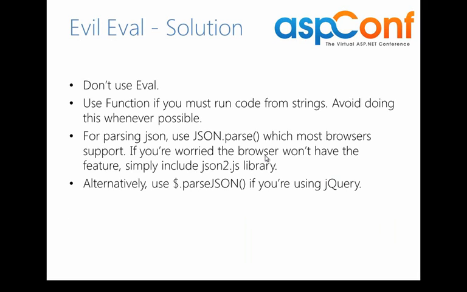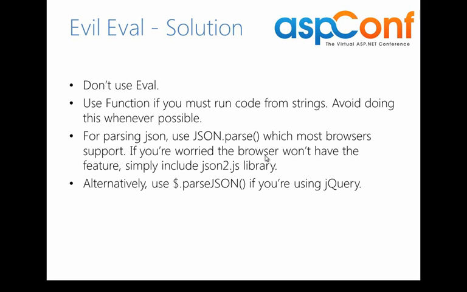The solution to this string execution thing is: don't use eval. If you must run code from strings, use function. If you know beforehand what that code is going to be, there's no point in using a string. You can just write that function anyway. For parsing JSON, don't do eval, don't do function.